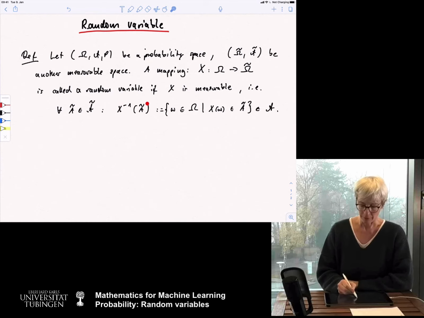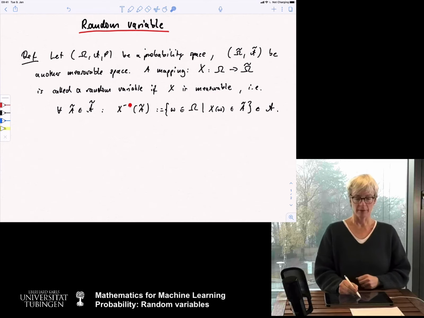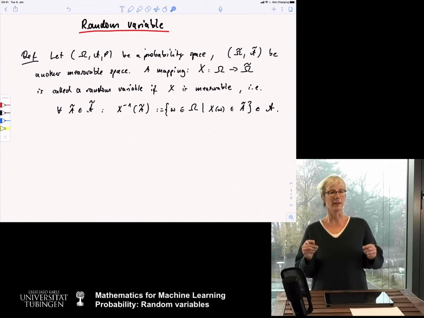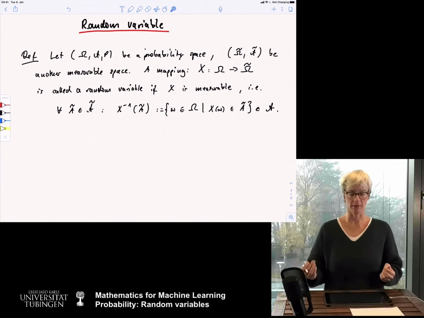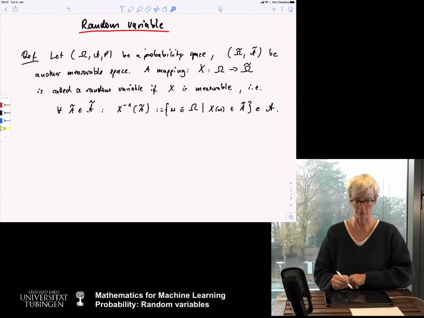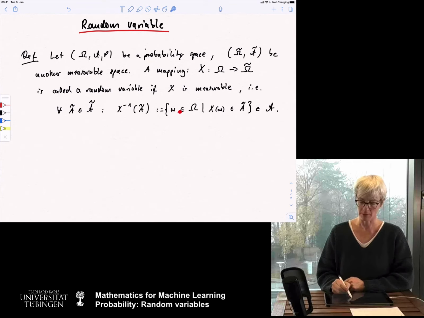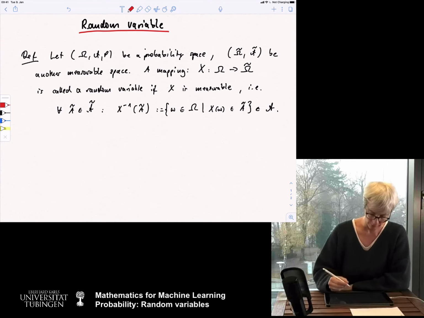First of all, what is this pre-image here? This X to the power of -1, observe it doesn't mean that there's an inverse map or anything like that. It's just the standard notation for the pre-image. So we look at all points omega in the space such that X maps them into the set A tilde. So maybe I simply make a drawing as well.